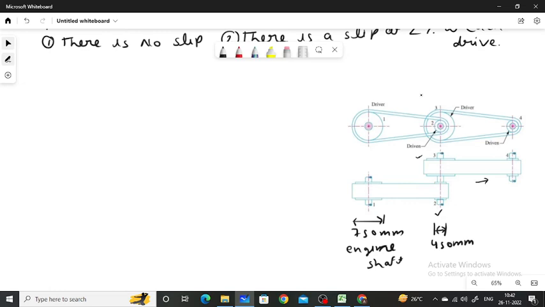Pulley 3, which is keyed on the same shaft, has a 900 mm diameter, and the dynamo shaft has a 150 mm diameter pulley. Okay.